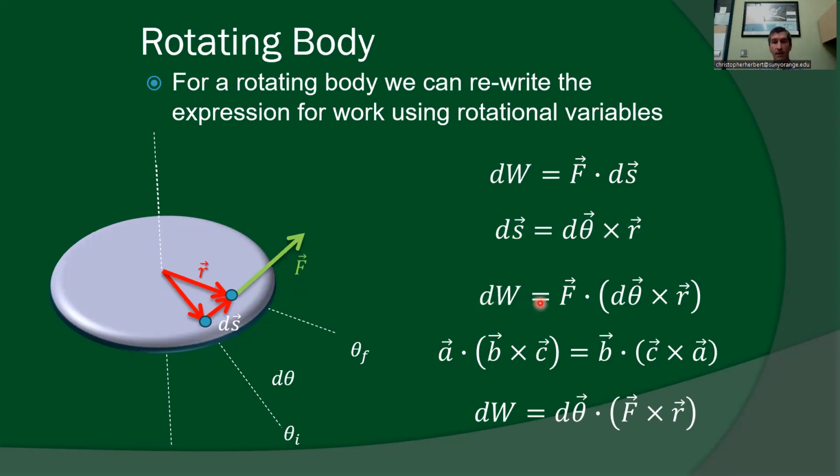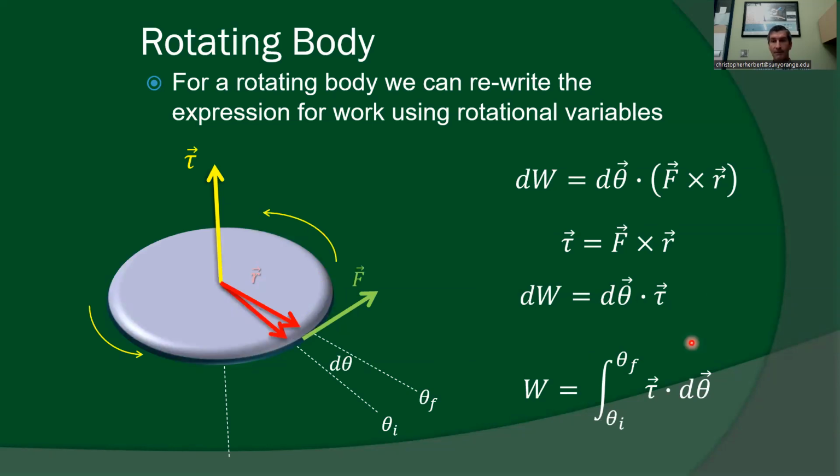So dW becomes F dot, replacing ds, d theta cross r. We have to use a vector identity here: a dot b cross c is the same as b dot c cross a. That allows me to replace this with F cross r, which is going to be important because that's related to the torque.